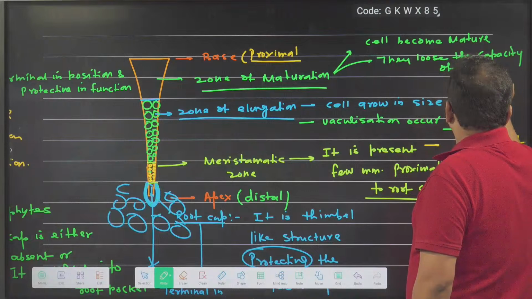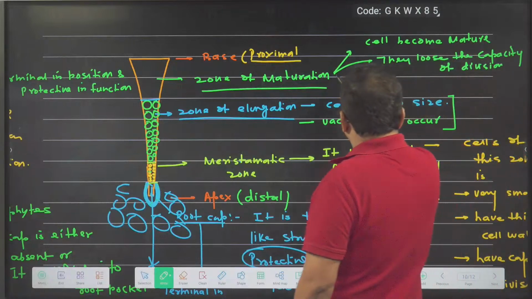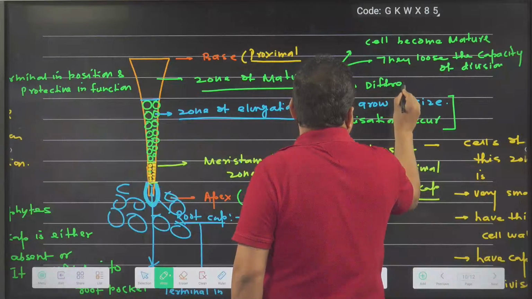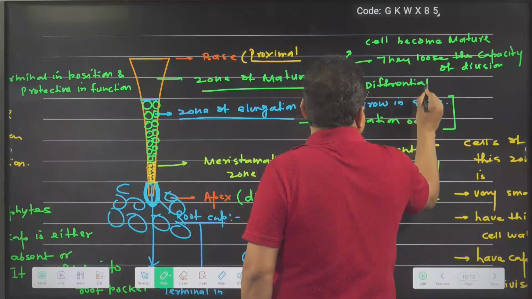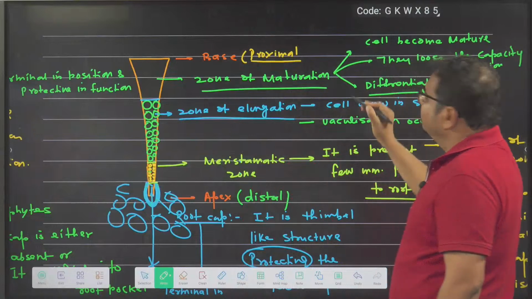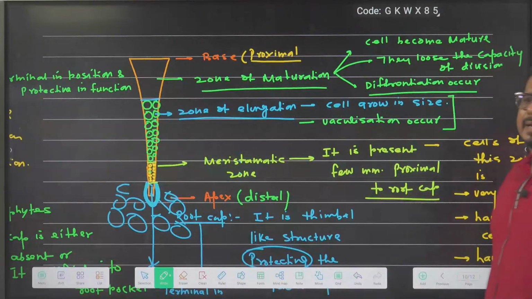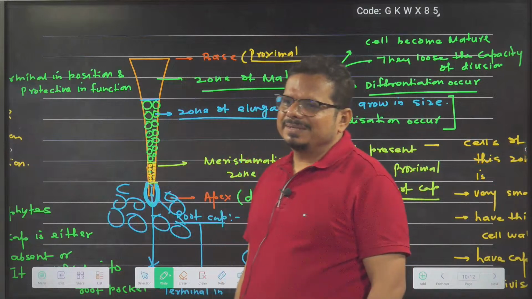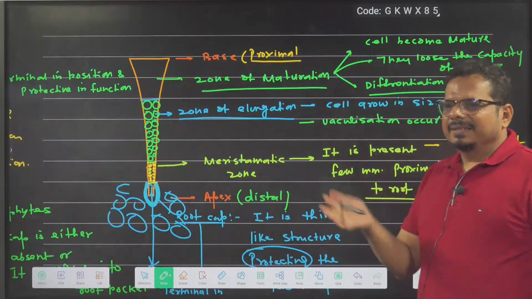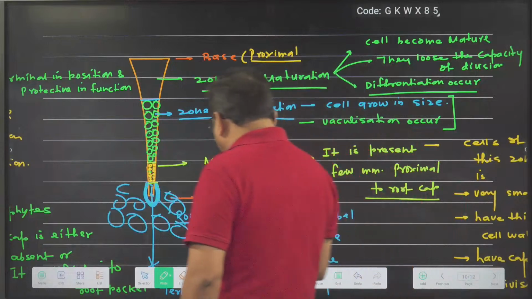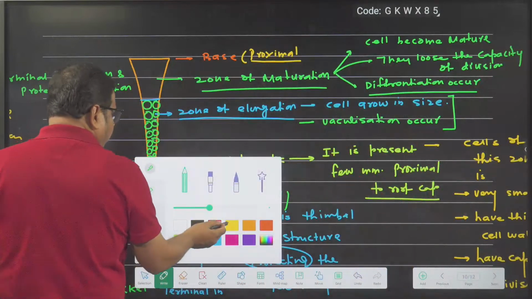Cells do not divide in the maturation zone. Another, differentiation occurs. Differentiation means formation of different layers of tissue occurs. Epidermis, hypodermis, general cortex, endodermis, xylem, phloem, like things are going to form. Getting the things or not? Differentiation occurs.